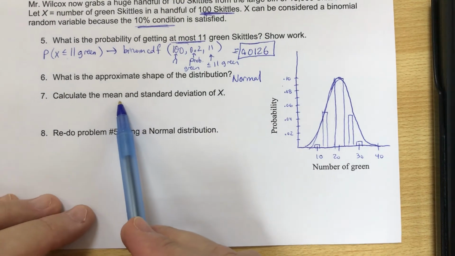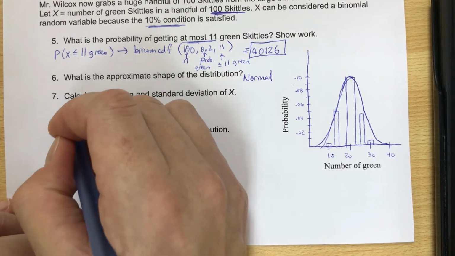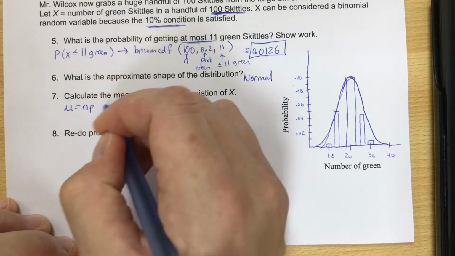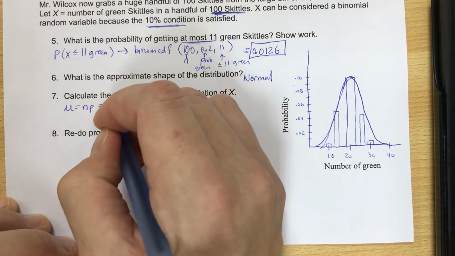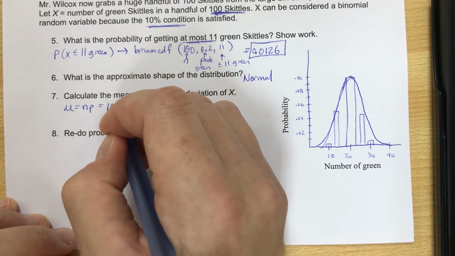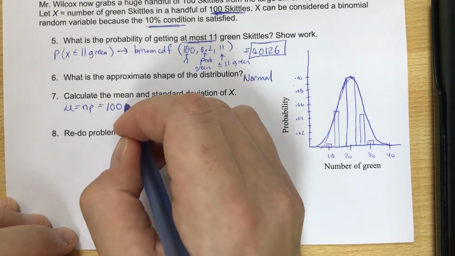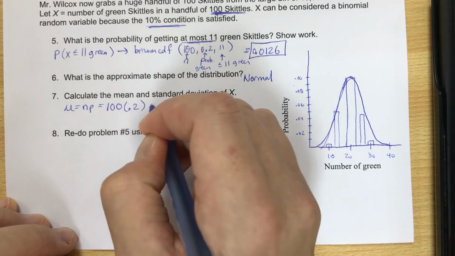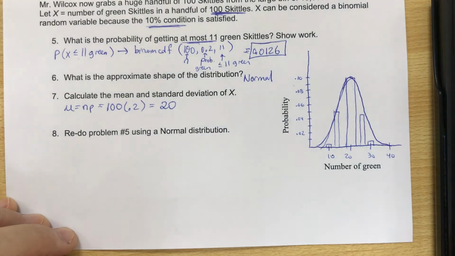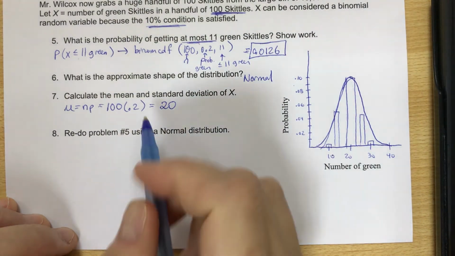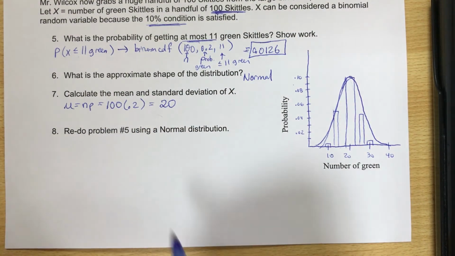Calculate the mean and the standard deviation. Well, the mean is n times p, and in this case, that would be 100 Skittles. The probability that it's green is 0.2, so that would give us 20. And that should make sense, okay?